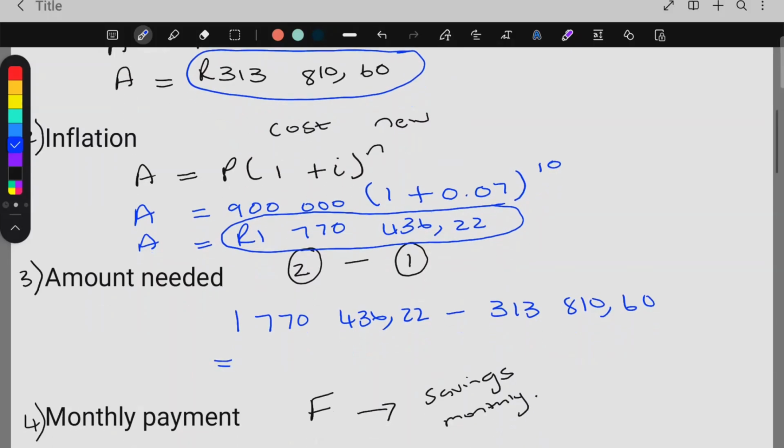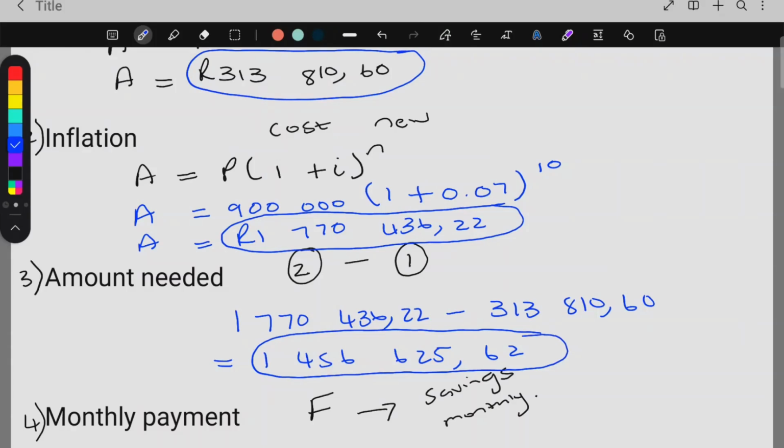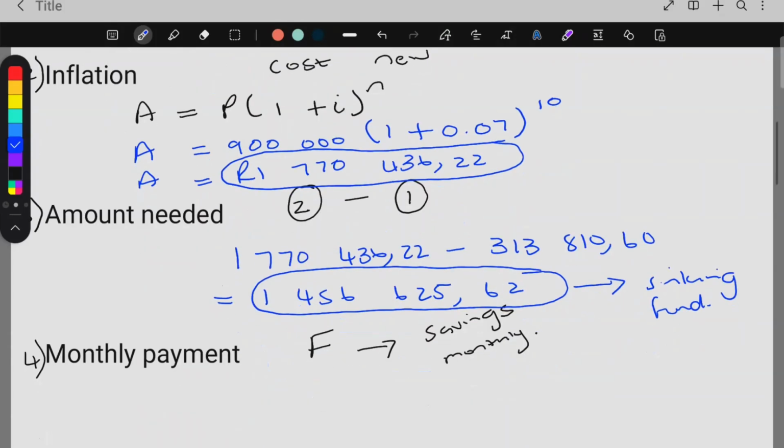And then we will still need a difference of 1,456,625.62. This is how much the company needs to save into the sinking fund. So in their bank account, they must make monthly payments to eventually save this amount in the future.